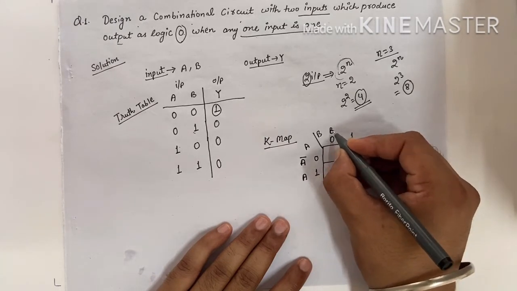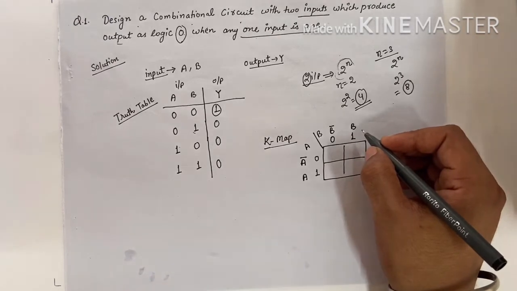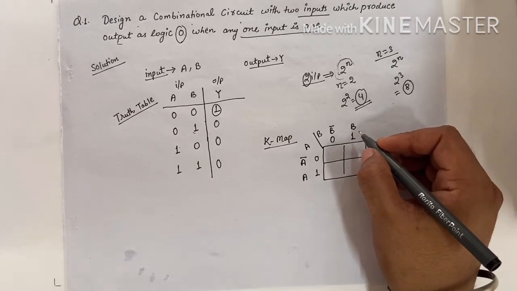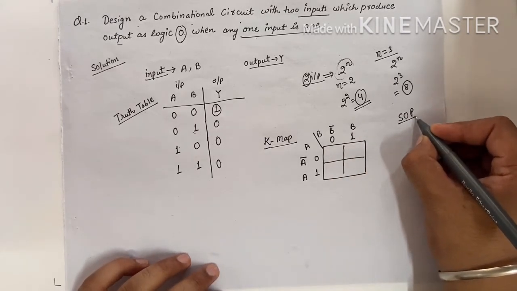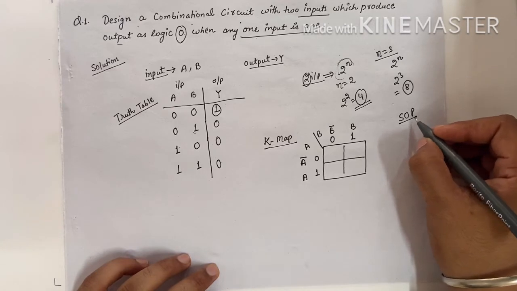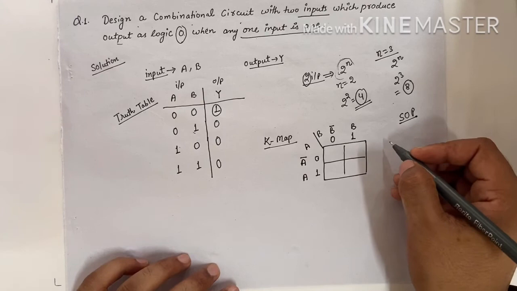Here we write B 0 as B complement and this is B. One thing you have to remember is that in the K-map we simplify the expression in SOP form. SOP means sum of product. In sum of product form we write 0 in complement form and 1 without complement.